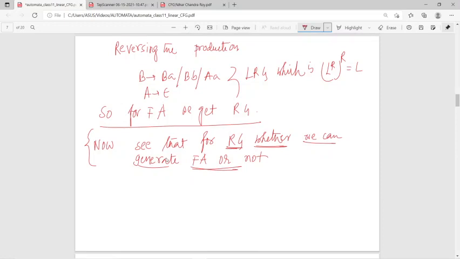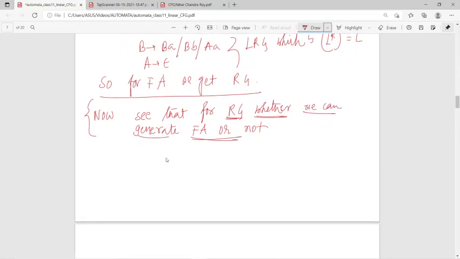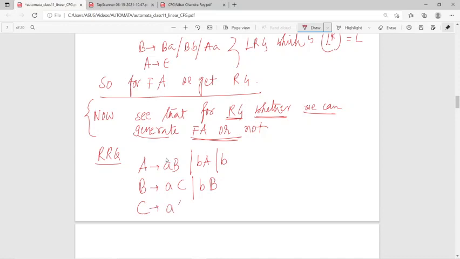Say the right regular grammar is written like that. From A, this is AB or BA or B. From B, from A to C, B to B, and from C, A to A, B to C, A. That is the thing.